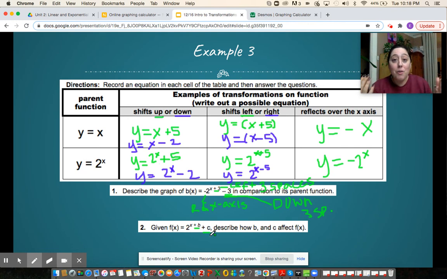The way I know that is where it's placed: the b is with the x, meaning it goes left or right, and plus b specifically means it goes left. And the placement of the c, the fact that it's separate from the x, means it goes either up or down, and the fact that it's plus means it goes up.